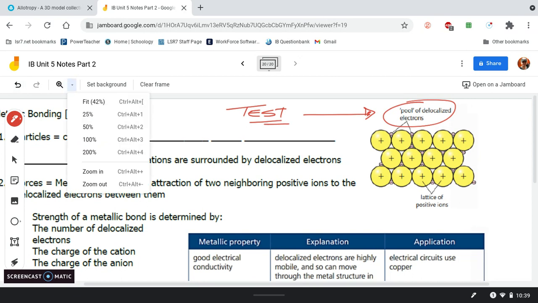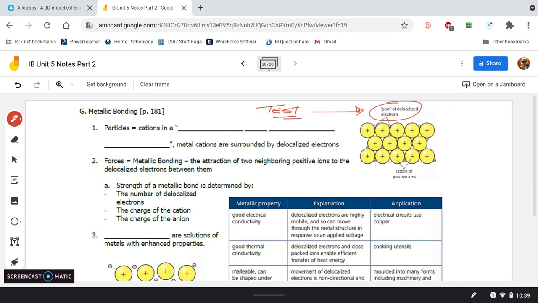This is the book definition that you always get. The definition for a metallic bond is you have cations, that's the positive. So this is a cation, or positive.